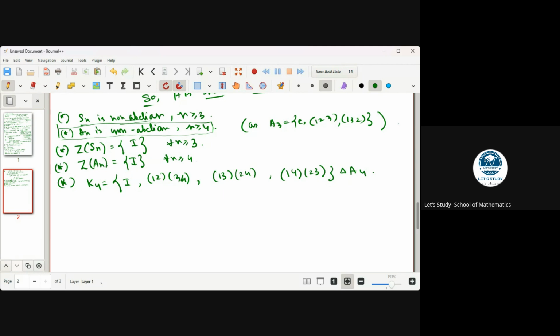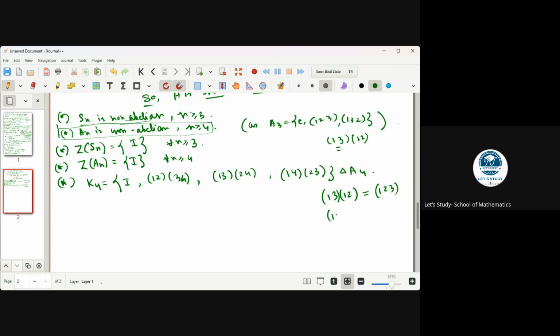The first statements will be easier, because you all know that if we take (1 3)(1 2), what will this be? Make the product and tell me. Yes, 2 3 1, that is (1 2 3).